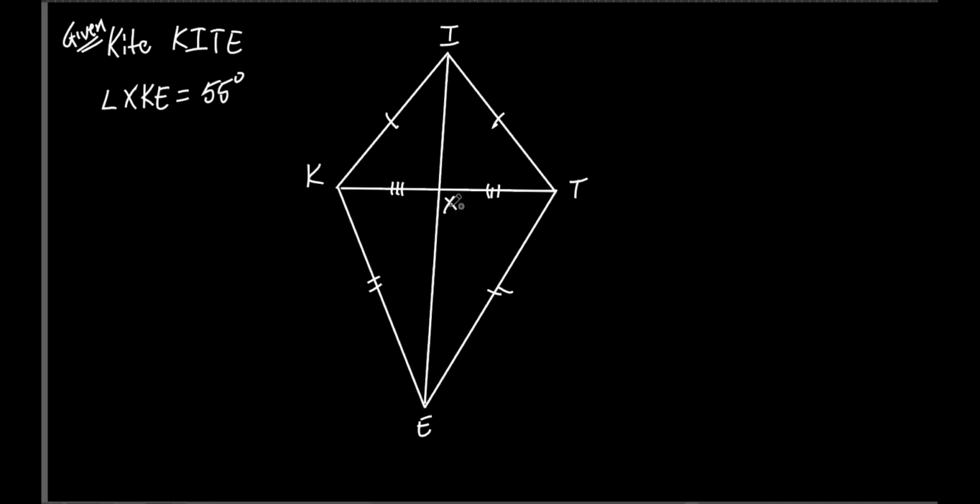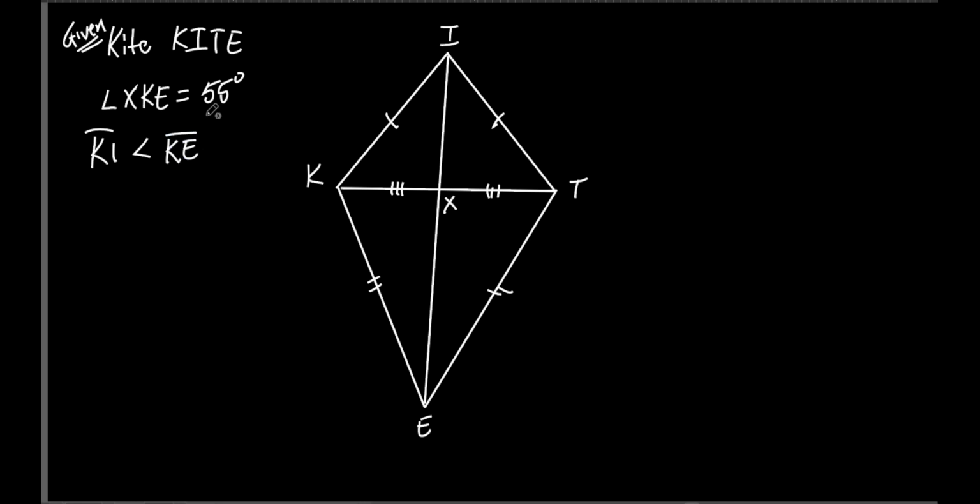XKE, yeah, there's X. And it is 55 degrees. All right, this is kind of weird, but they tell you that line segment KI is less than line segment KE.